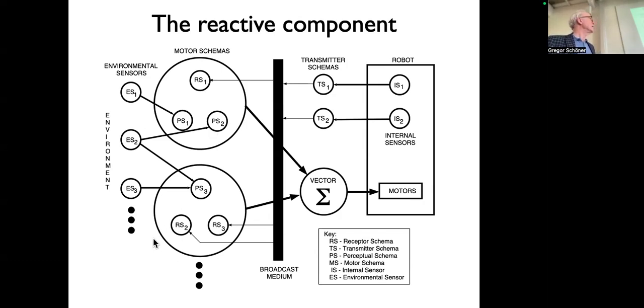The different things they write down here and call schema are just little subroutines that are called up with certain kinds of sensor information, and then they hand the result to the calling routine. So, for instance, a particular motor schema would have certain perceptual schema. That would mean it gets sensor information and has a little piece of code that extracts from that distance or some other factor that plays a role.